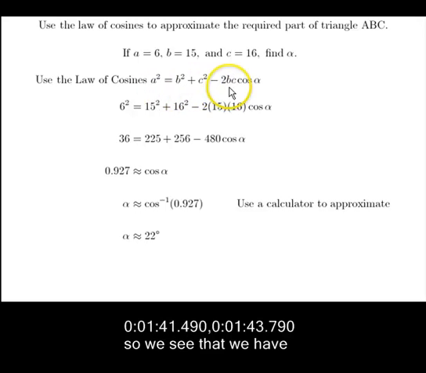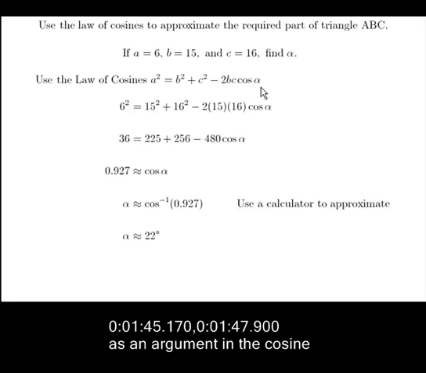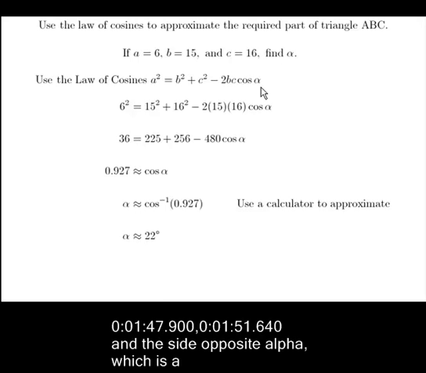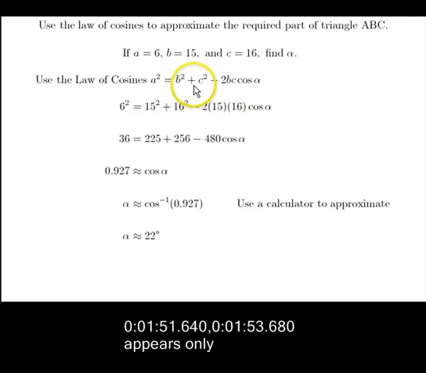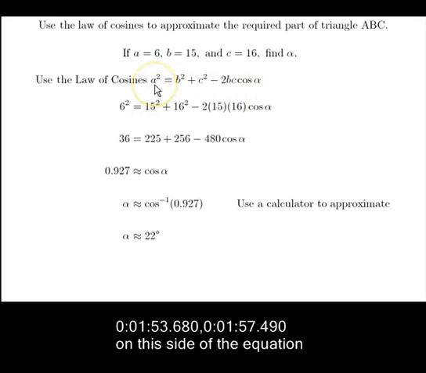So we see that we have alpha here as an argument in the cosine, and the side opposite alpha, which is A, appears only on this side of the equation.